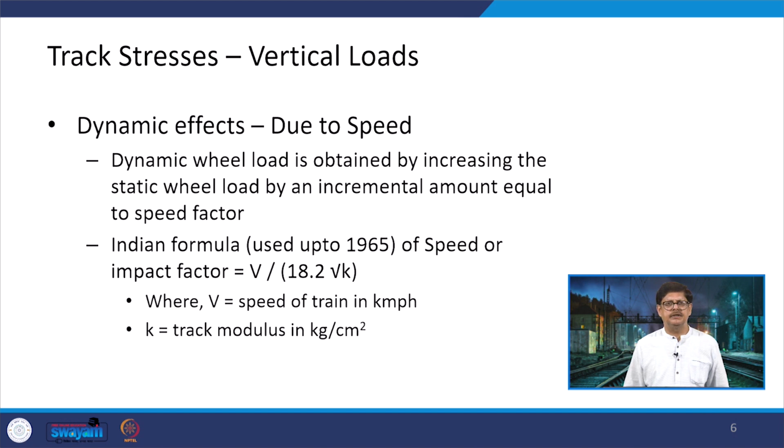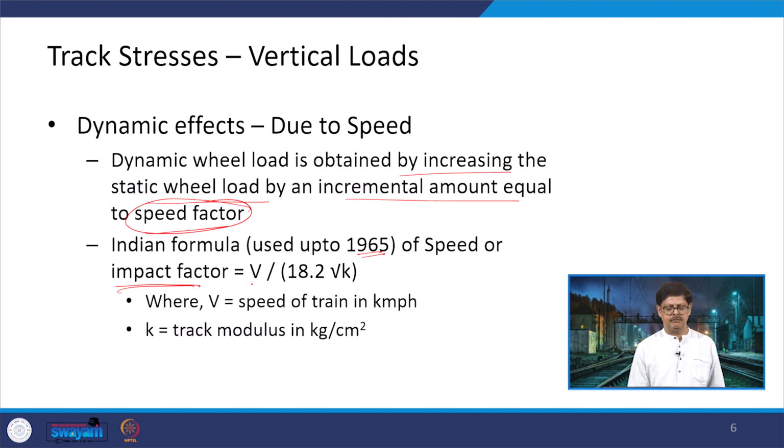So, let us look at this dynamic effect in terms of the speed. Now, this is obtained by increasing the static wheel load by an incremental amount equal to a speed factor. This speed factor is also termed as impact factor. So, both are the same thing. Now, there is an Indian formula which was used up to 1965 and after that the formula has changed.